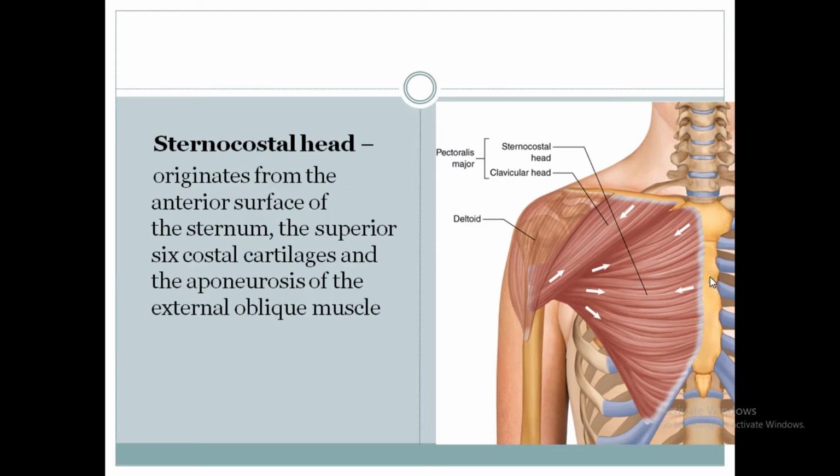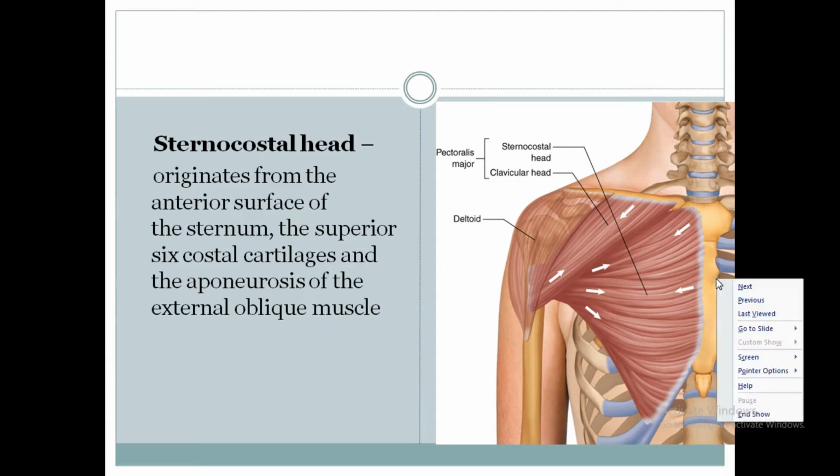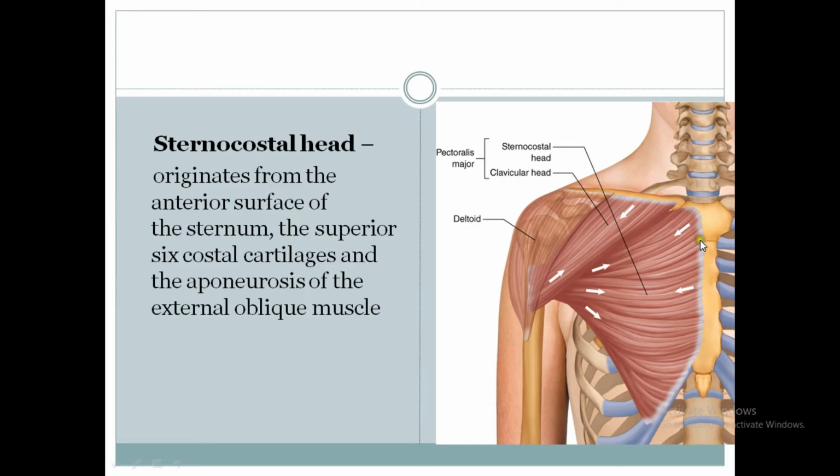So the sternocostal head of the pectoralis major muscle originates from the anterior surface of the sternum, upper six costal cartilages, and aponeurosis of the external oblique muscle.